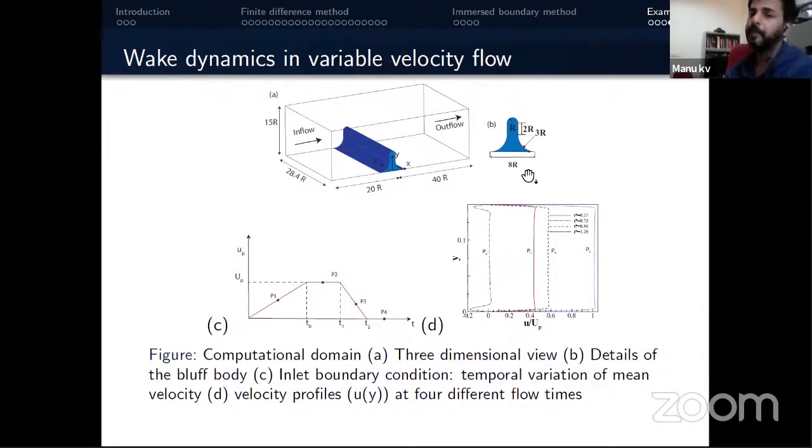And we know the expression of the body. This is the expression of a three-dimensional body, and we know the equation of this particular body. And once we know the equations, we can include it in the geometry in the equation. In this problem, we have selected a varying time inflow.